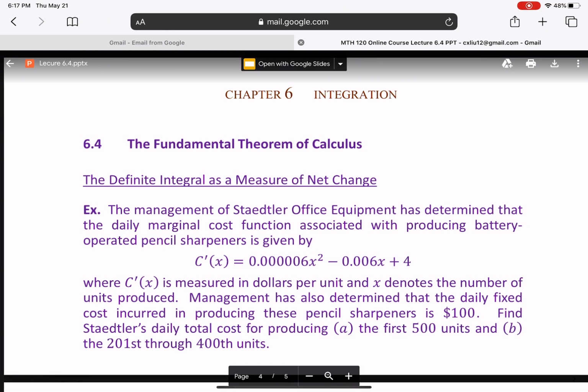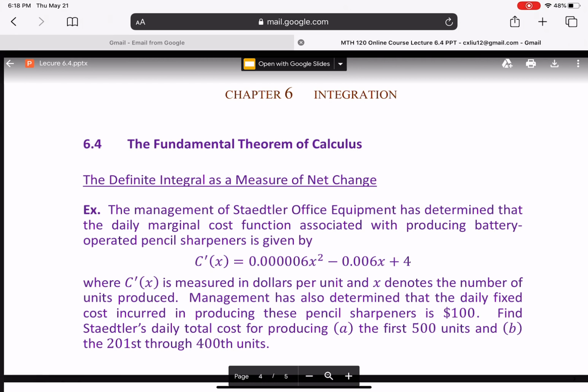The management of State office equipment has determined that the daily marginal cost function associated with producing battery-operated pencil sharpeners is given by C prime equals 0.000006 x squared minus 0.006 x plus 4. So this is the marginal cost function, the derivative of the total cost.